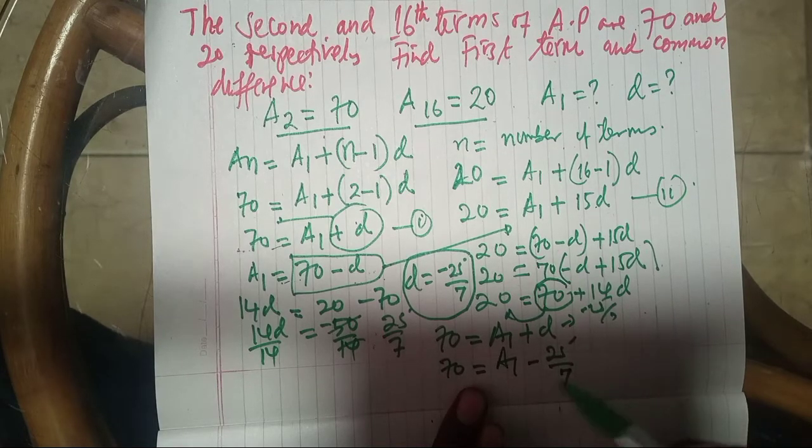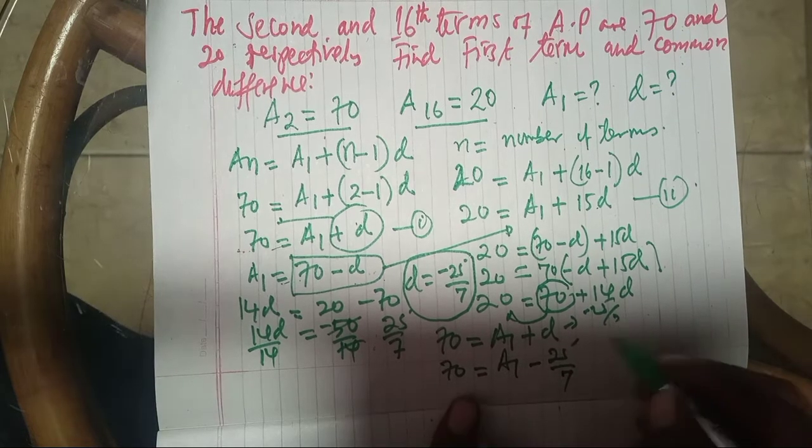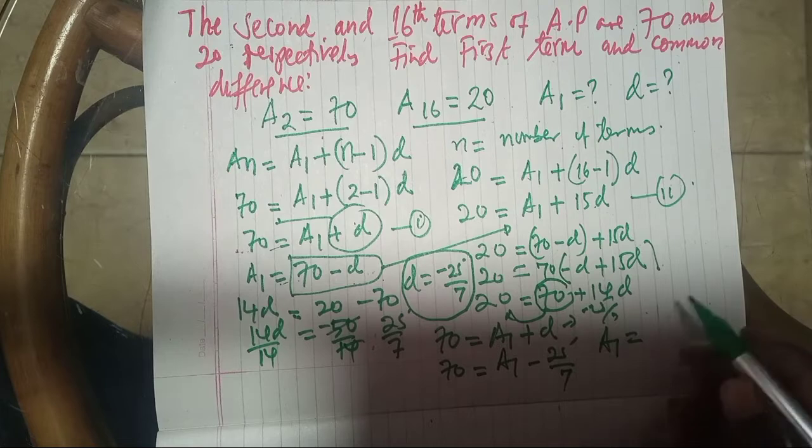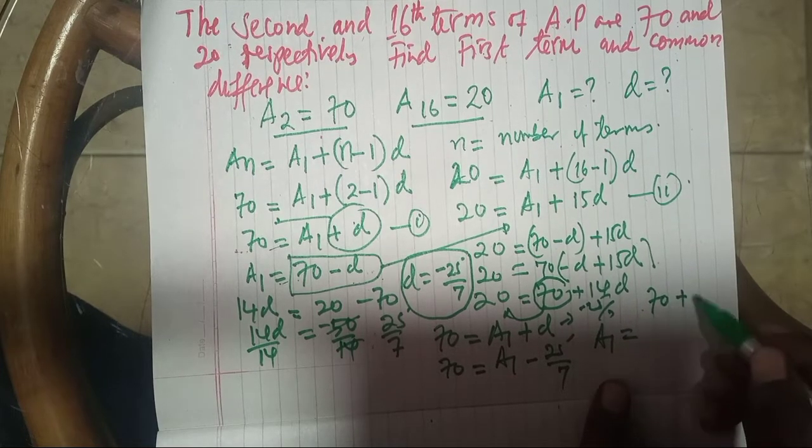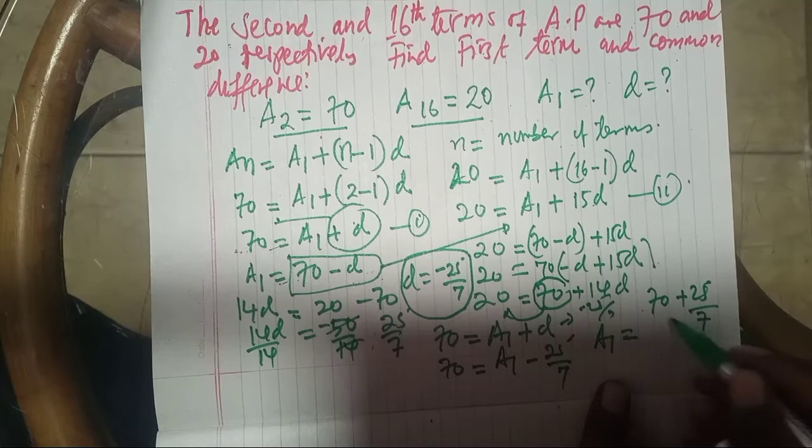Why is it so? Because this is now positive and there is a negative here. Therefore A1 will be equal to 7 plus the fraction.